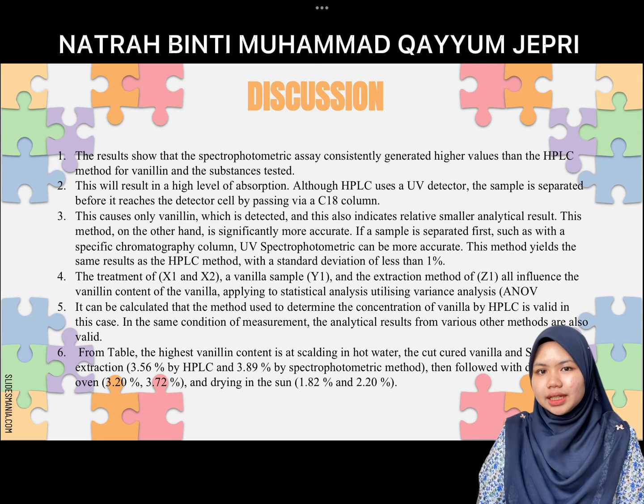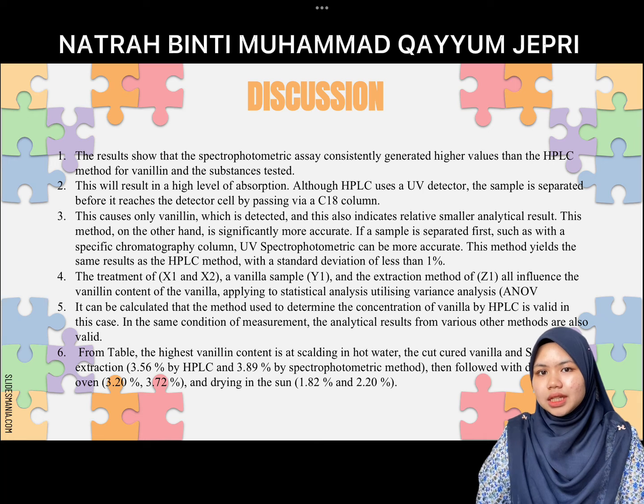The results show that the spectrometric assay consistently generates a higher value than the HPLC method for vanillin and the substance tested. Vanillin is not pure, being mixed with other compounds observed at the same wavelength area in the spectrometric assay method, which could explain this. This will result in a high level of absorbance.